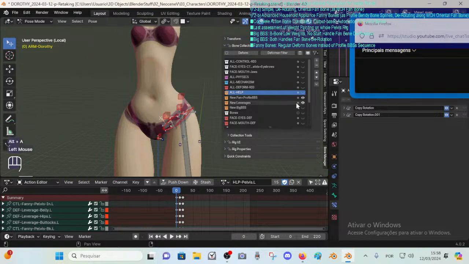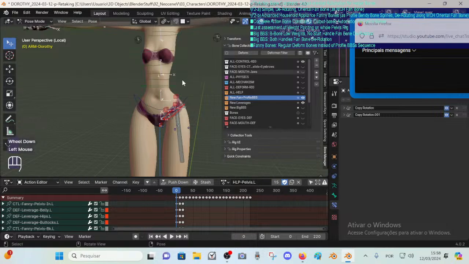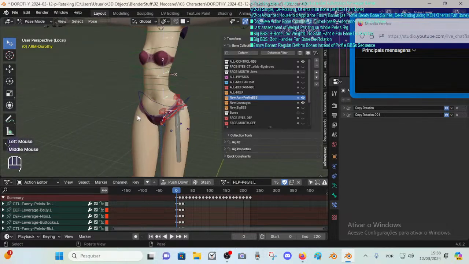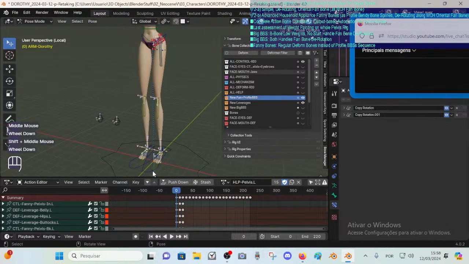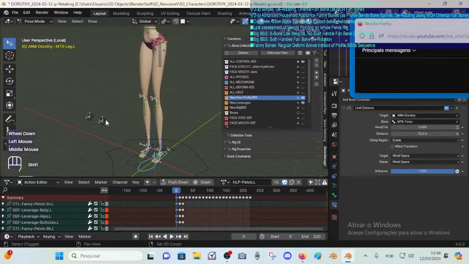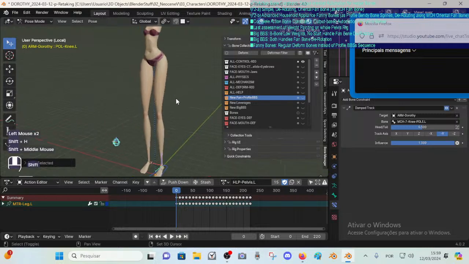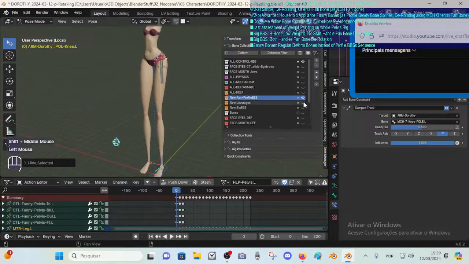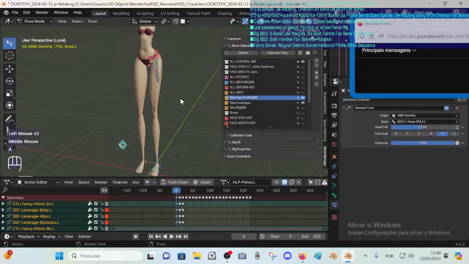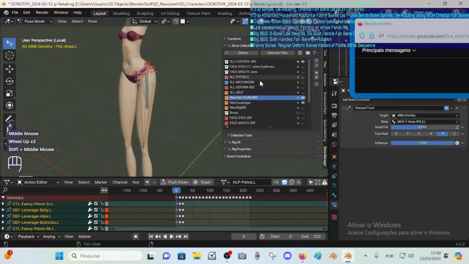I'm going to create a new layer so that I have here only the bones that I want. So I will use this and this. Now this is where it must be interesting.